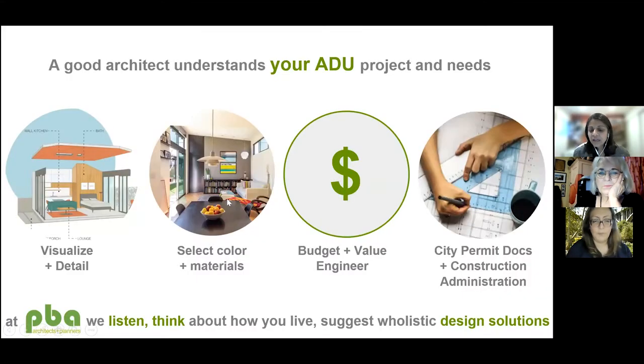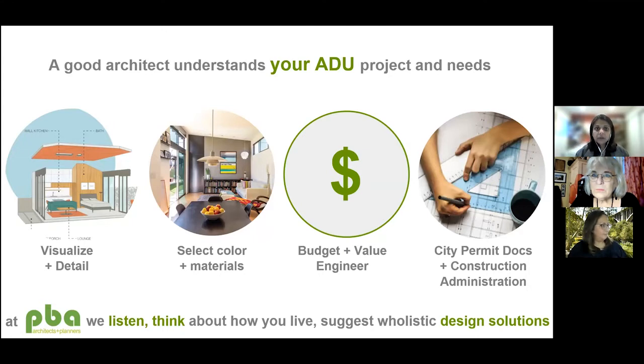Okay, so when Anne asked if I could put a presentation together that helps folks understand how to select your architect, I thought about it in the manner of what a good architect does. If I explain that, then you would be able to understand how to choose your architect as well.